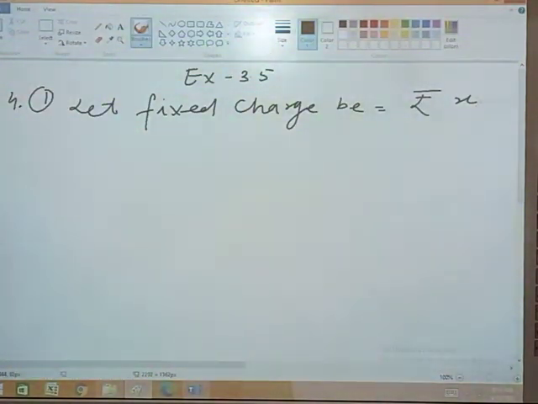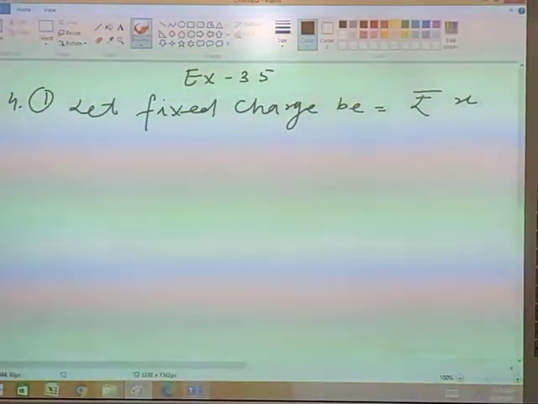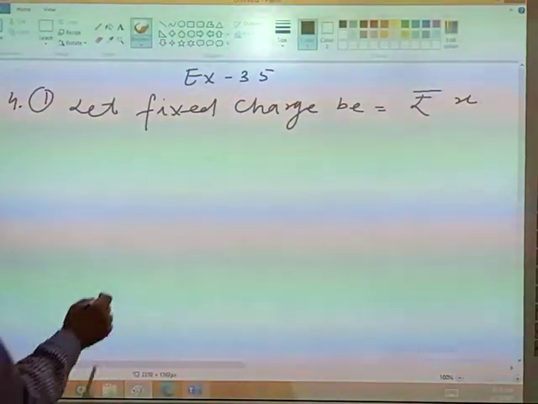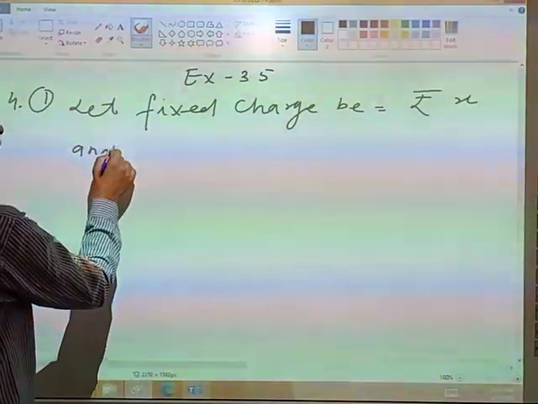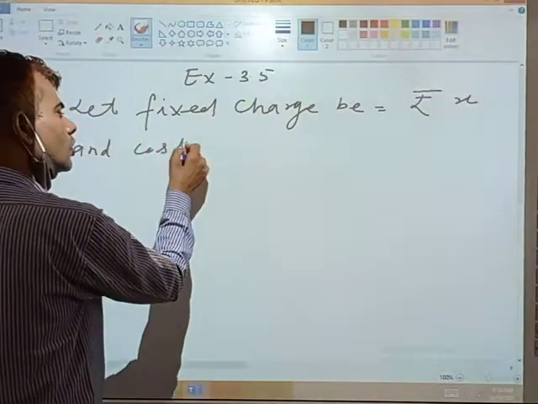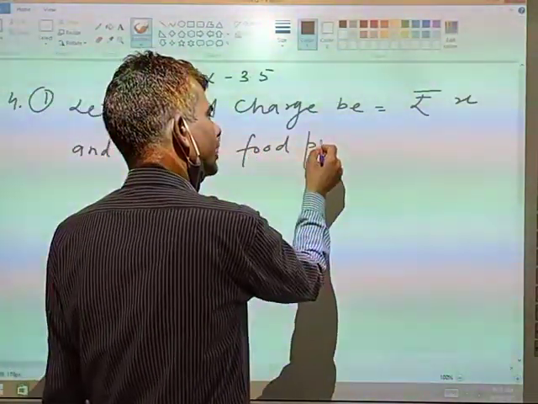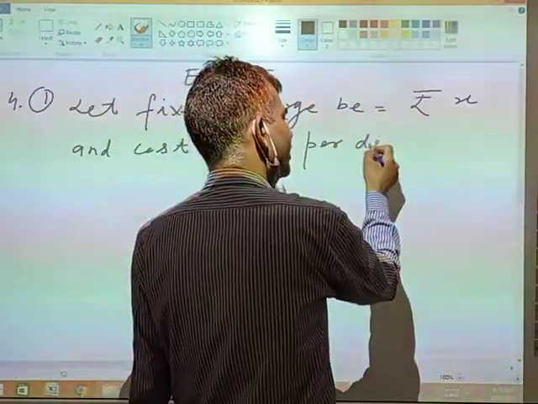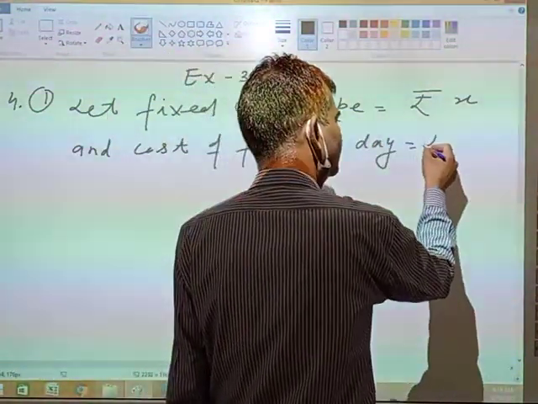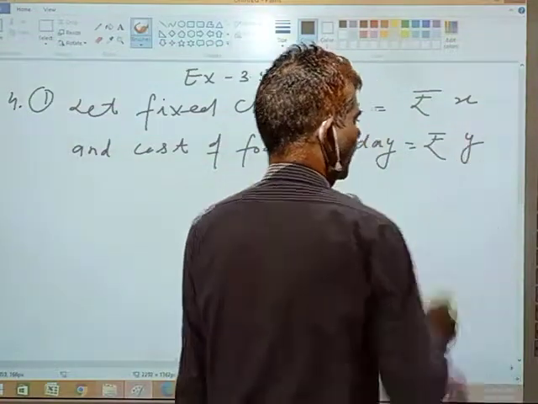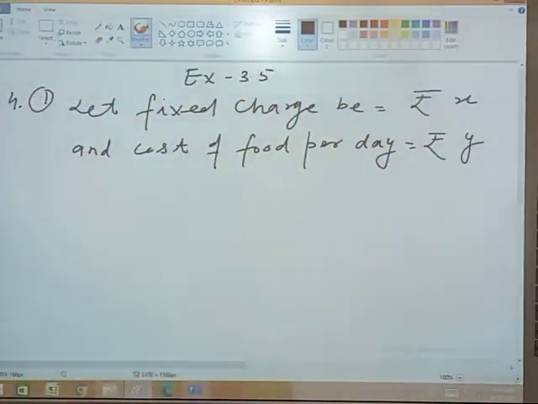And what is the cost of food per day? Let it be rupees y.